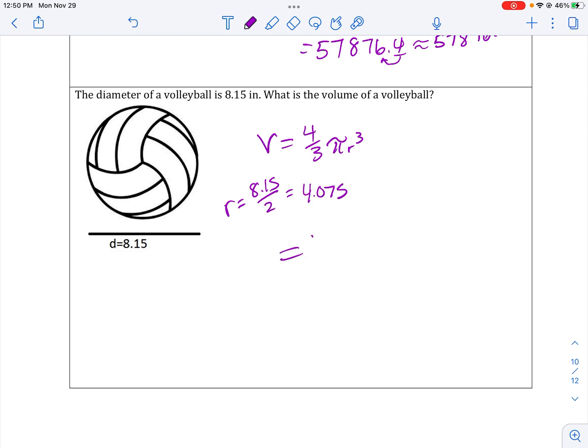So to find the volume of a volleyball, times pi, I took my diameter, cut it in half, and now begin to solve. The radius to the third power gives me this long decimal right here.